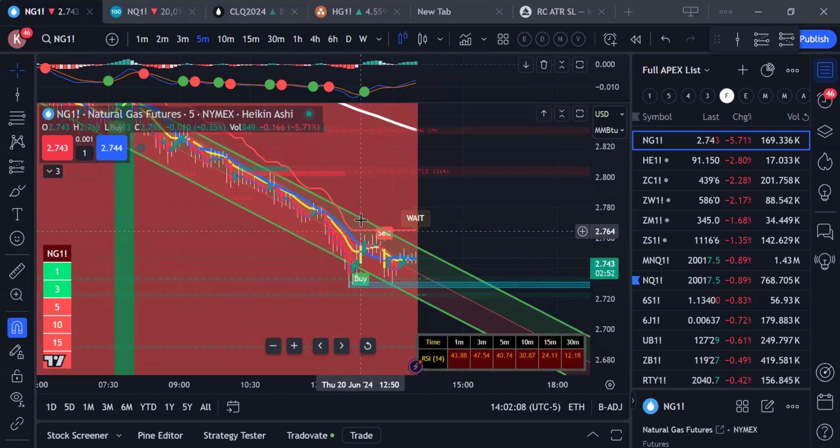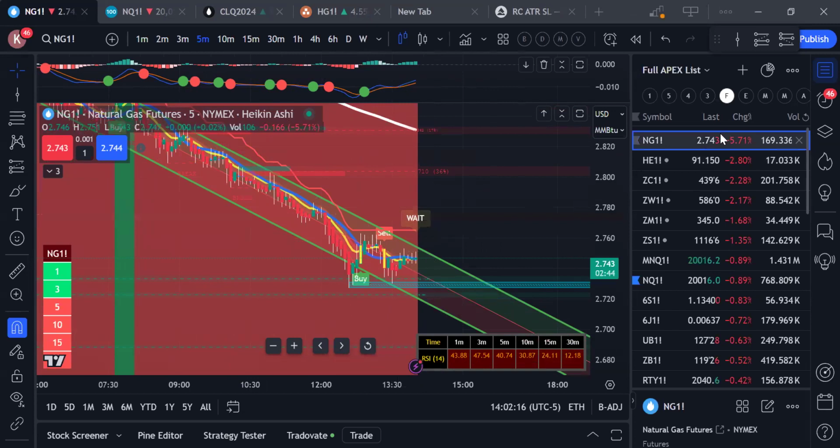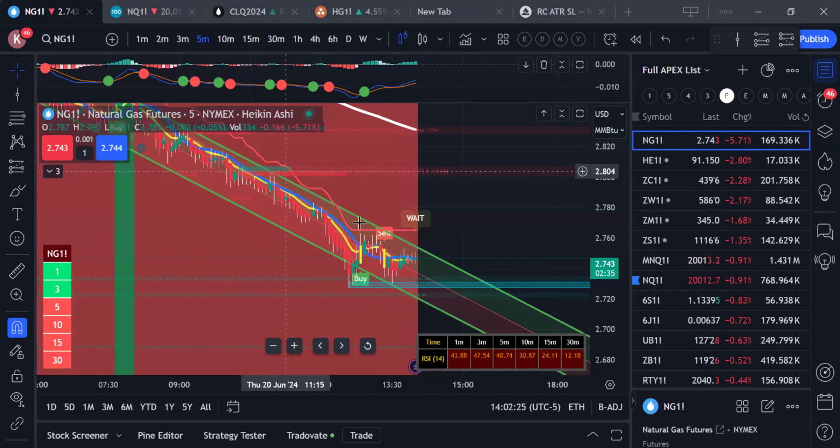So when you see a buy signal, you never take it if this one is red. If this one is green, you never take a short. In that way, you have one more confirmation telling you whether it is a good buy or good sell.